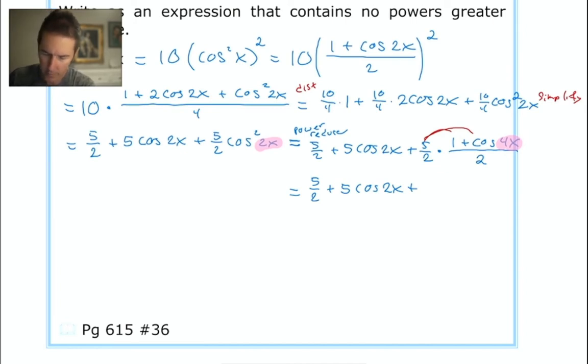If you want to leave those rainbows on there, you can. I'm going to erase those and write this as a fraction still. 5 plus 5 cosine 4x all over 4.